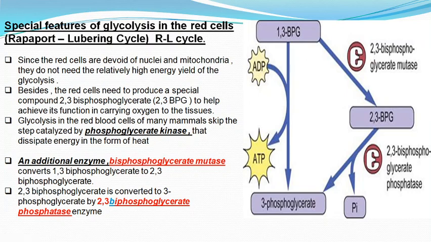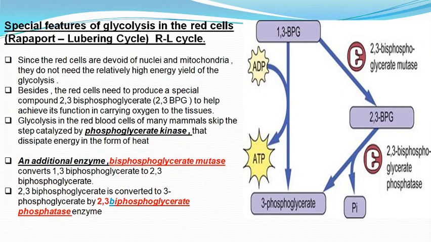2,3-bisphosphoglycerate is essential for the function of hemoglobin because 2,3-BPG decreases the oxygen affinity of hemoglobin. The presence of 2,3-BPG makes the hemoglobin molecule more able to deliver the oxygen it carries to the tissues.